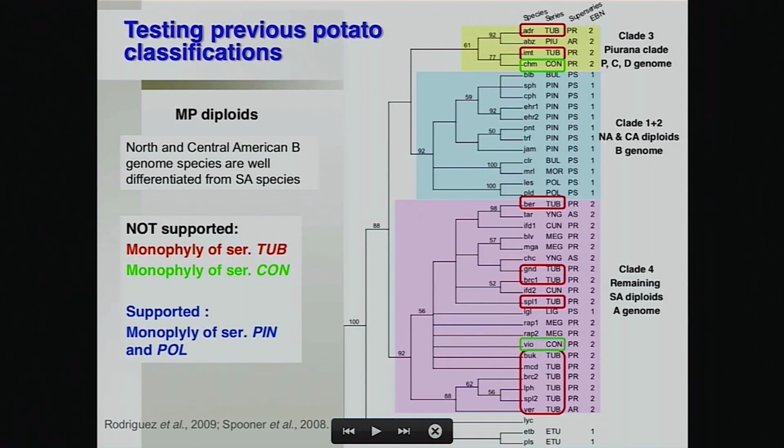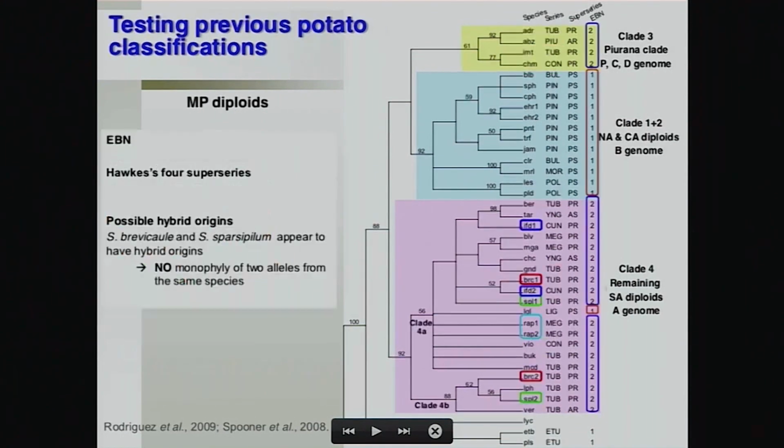They were not supported. But the monophyly of Pinnatisecta and Polyadenia was supported, with some exceptions. All of those are diploid species. The other thing that we tested here was if we can find some association with endosperm balance number, if species group together following the EBN.